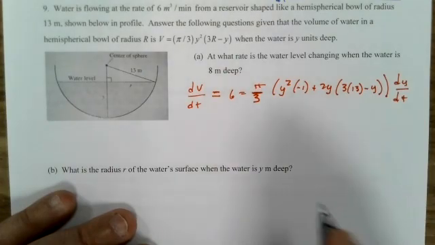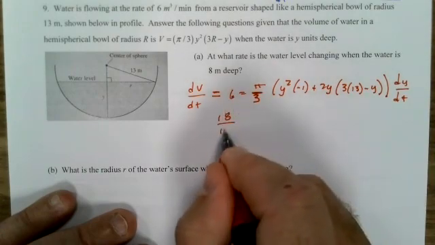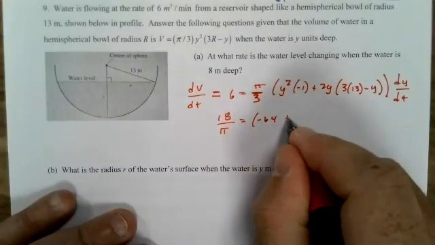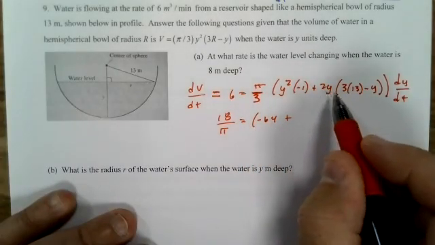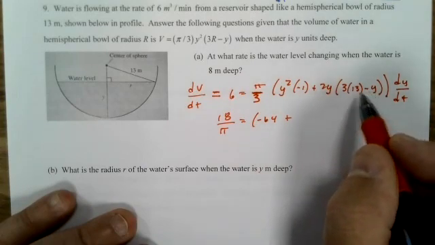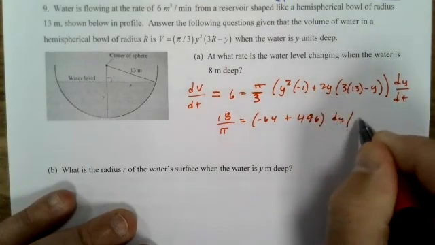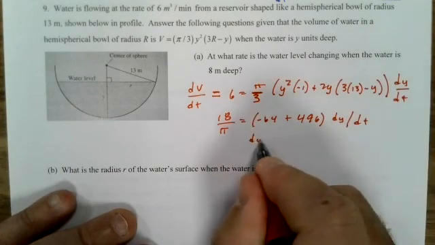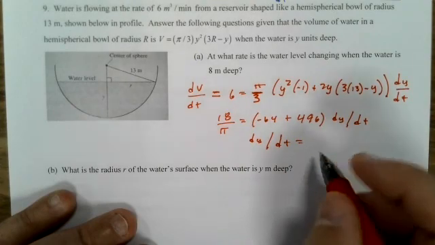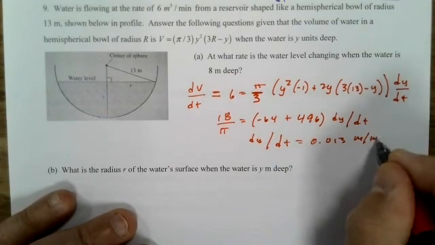So I'll multiply out this 3 times 6 and bring the pi down, equals negative 64 plus 2 times 8 is 16, 39 minus 8, 31 times 16, 496 dy/dt. Watch our units, dy/dt equals 0.013 meters per minute.